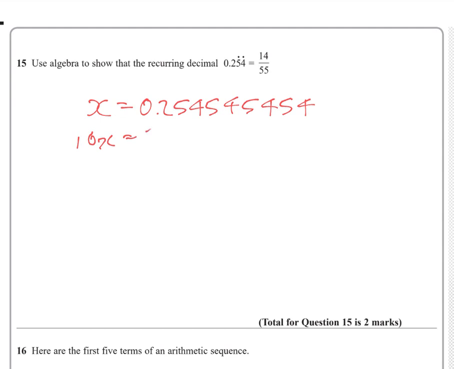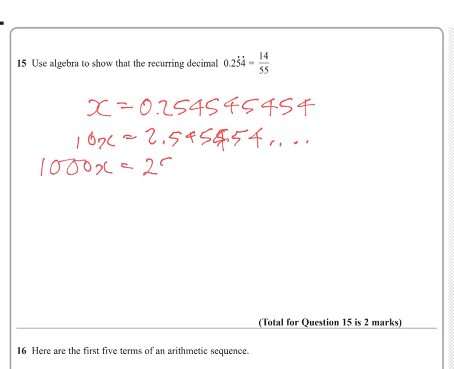So 10x is 2.545454, etc. And then we've got to line it up so that we can also get the same decimal. So we've got to actually multiply it by 100 more. So that's by 1,000 altogether.